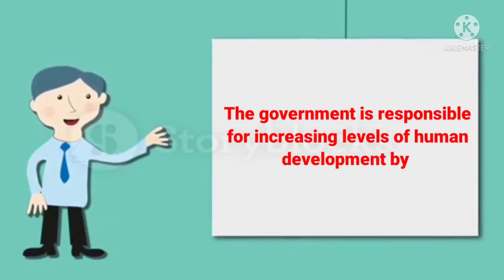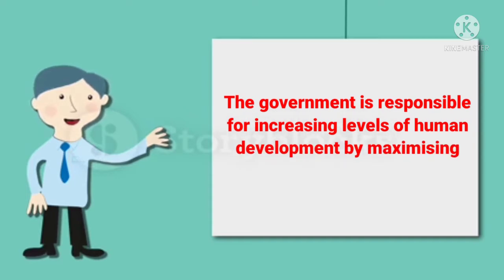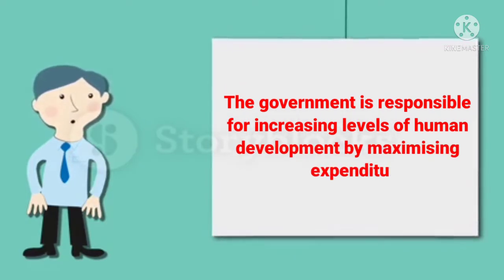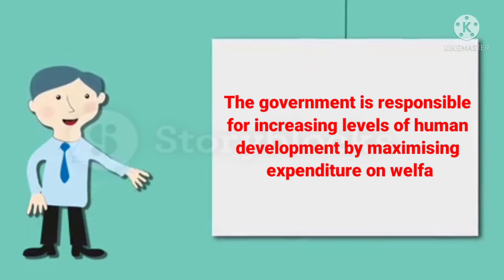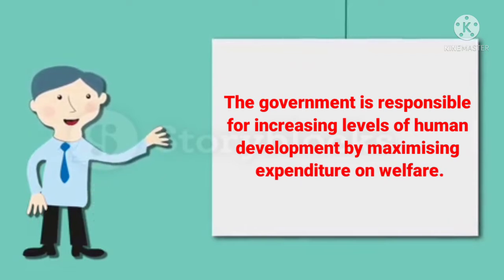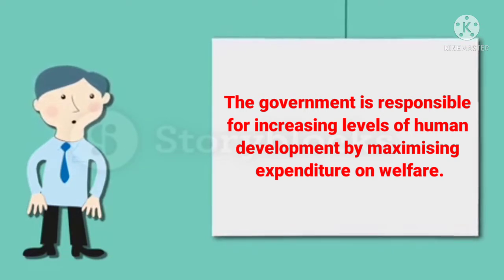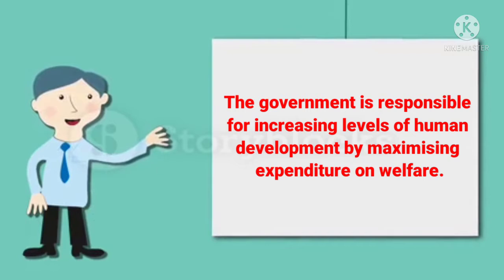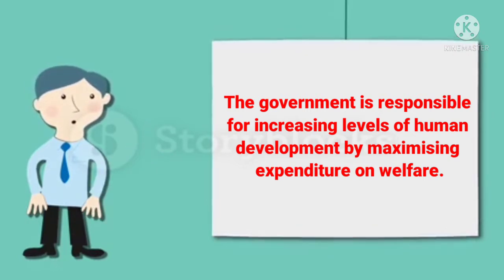The government is responsible for increasing levels of human development by making expenditure on welfare. So here the welfare approach is also driven by the government, where the government can give a good expenditure to develop the human resources of the country.